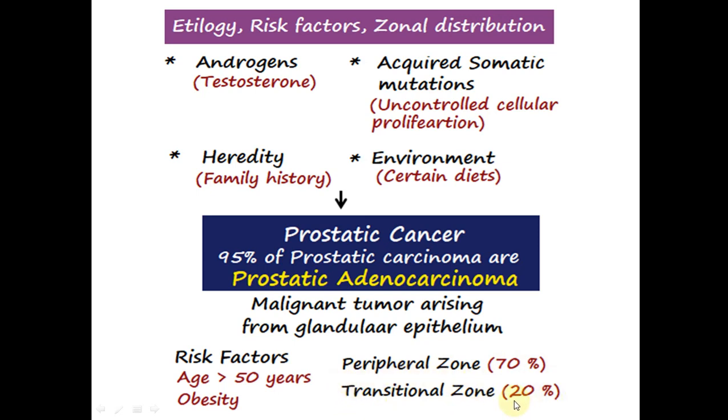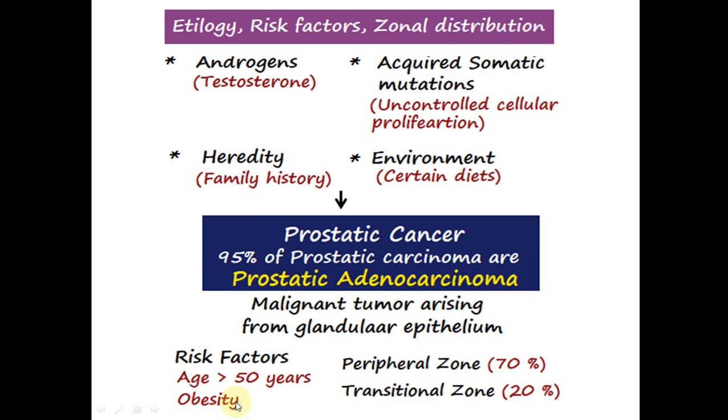The very well known risk factor for prostate cancer is that it is directly proportional to age, and it is a cancer of old age that usually occurs after 50 years of age, and as the age increases, the frequency of the carcinoma prostate increases.